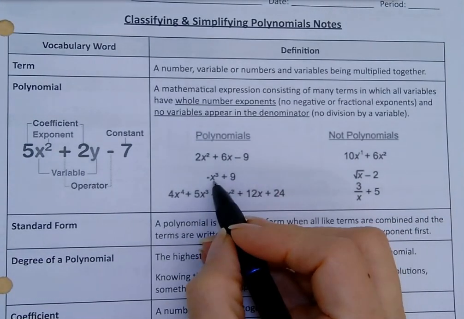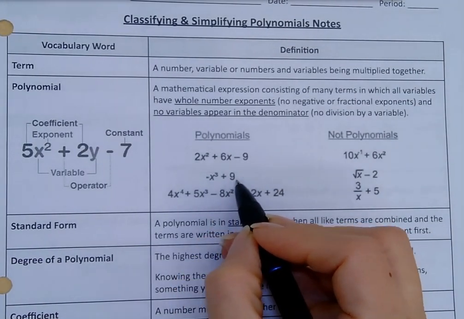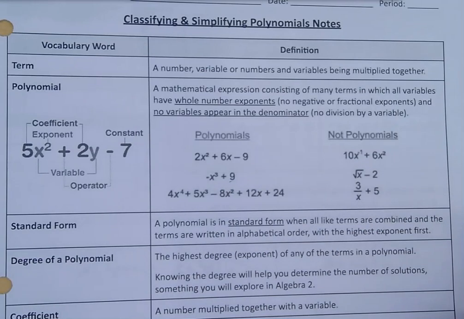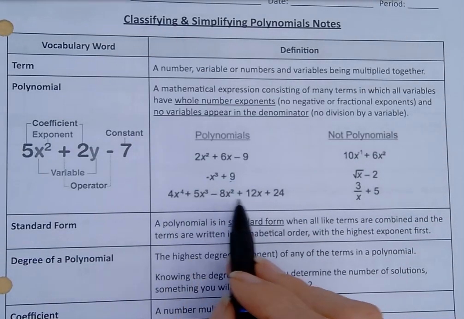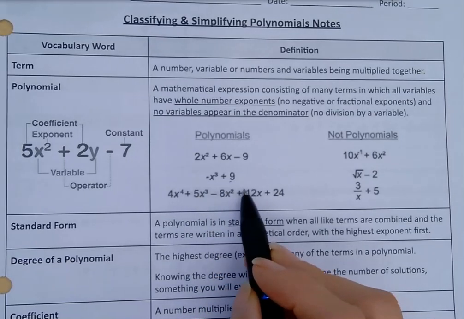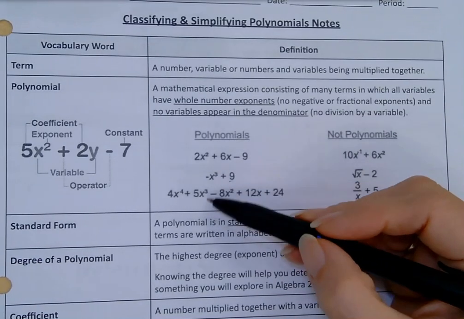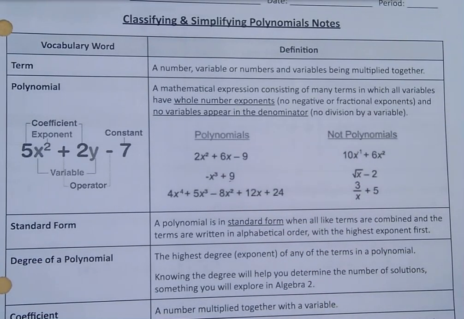Okay, negative x cubed plus 9. I have 1 term right here, negative 1 times x cubed, and my other term is positive 9 right there. This last guy, when I look at it, I have 1, 2, 3, 4, 5 terms. Okay, so each one of these has a variable that has a positive whole number exponent.